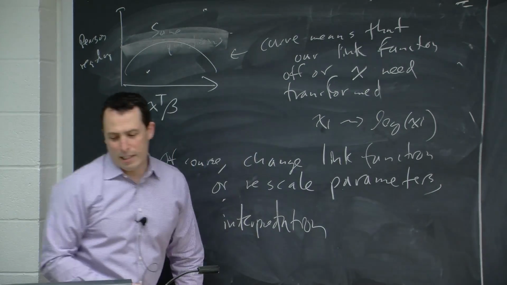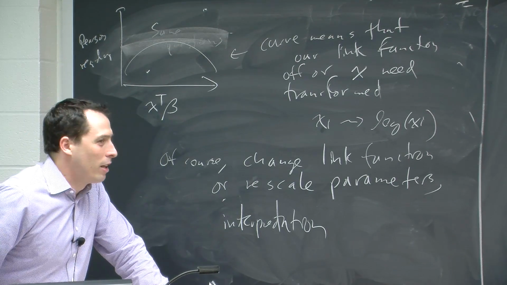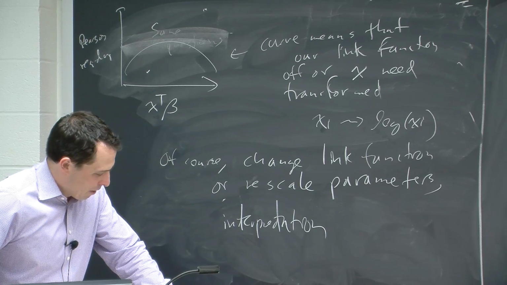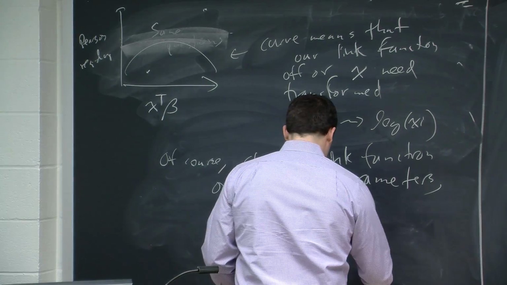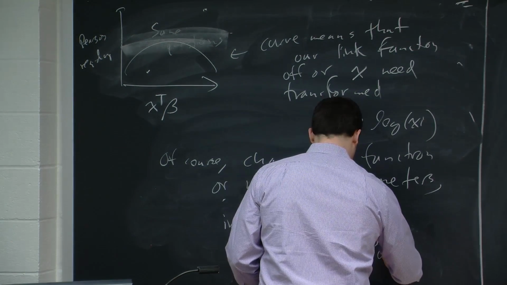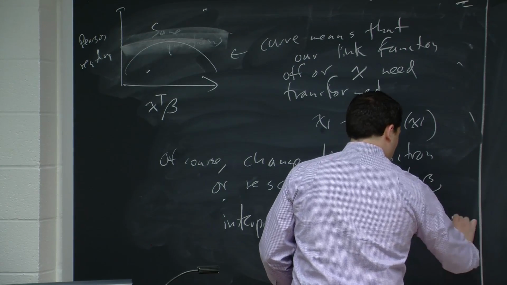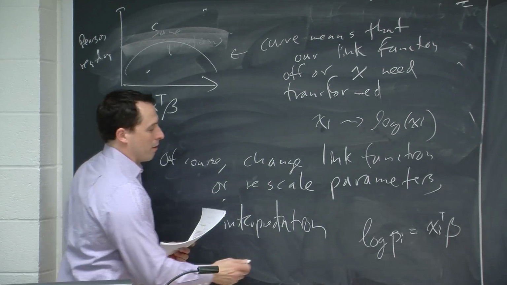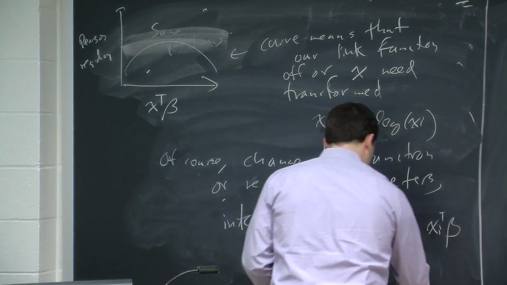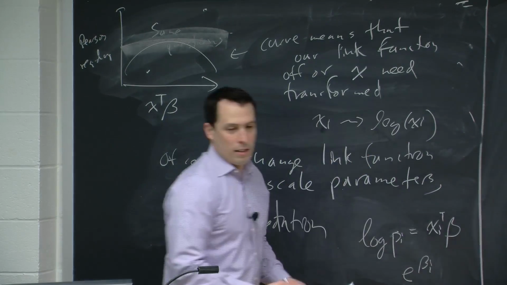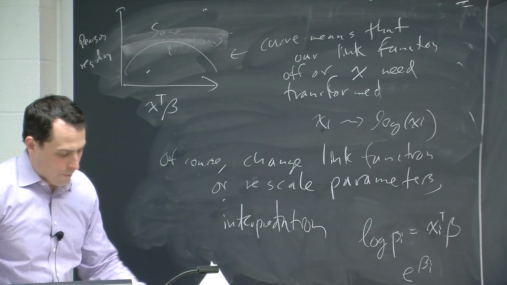Our nice, clean interpretation in terms of multiplying odds ratios, which is already not that great, becomes even more complicated. However, we have to pass it through whatever function we did. So for example, if we change the link function to log of pi equals xi transpose beta instead of logit, then e to the beta i should be interpreted as a relative risk instead of as a log odds ratio.